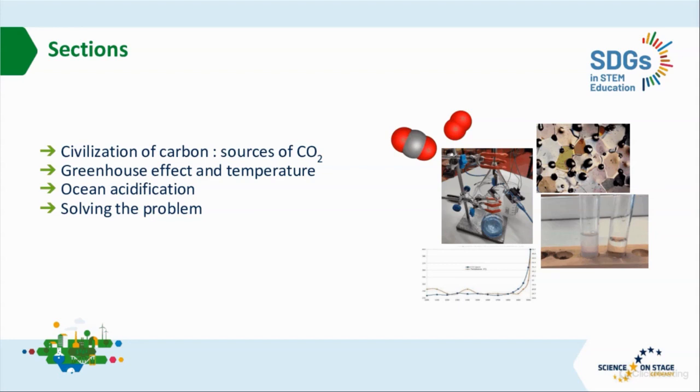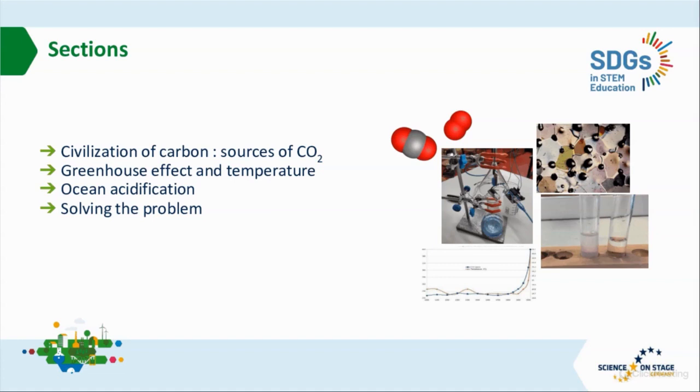But the different sections, in the order that we think is the best, are, first of all, to introduce students to the civilization of carbon and the different sources of carbon dioxide. Then we recommend to cover the greenhouse effect and the increase in temperature due to the excess of carbon dioxide in the atmosphere.